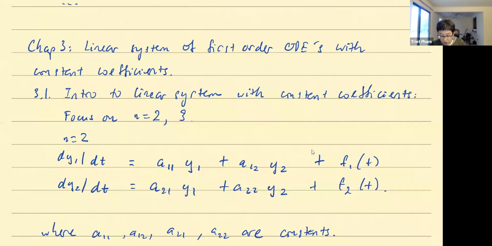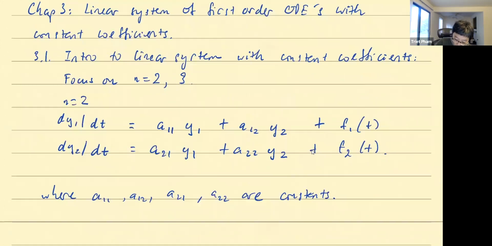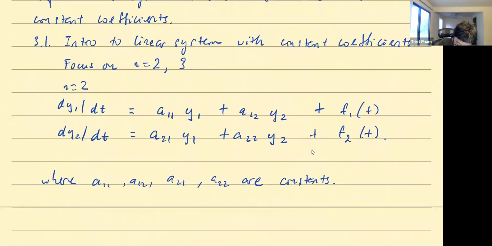So what about these guys? These guys are viewed as the external force, like the right-hand side, if you will. The f1 and f2, when these two functions are equal to 0, we refer to the system as homogeneous.